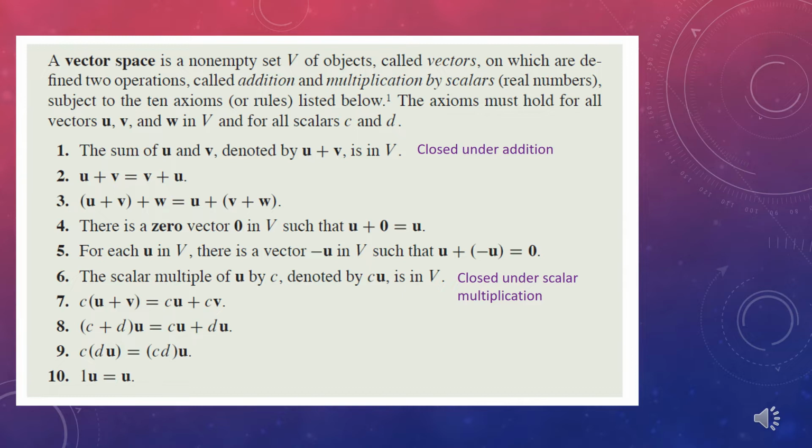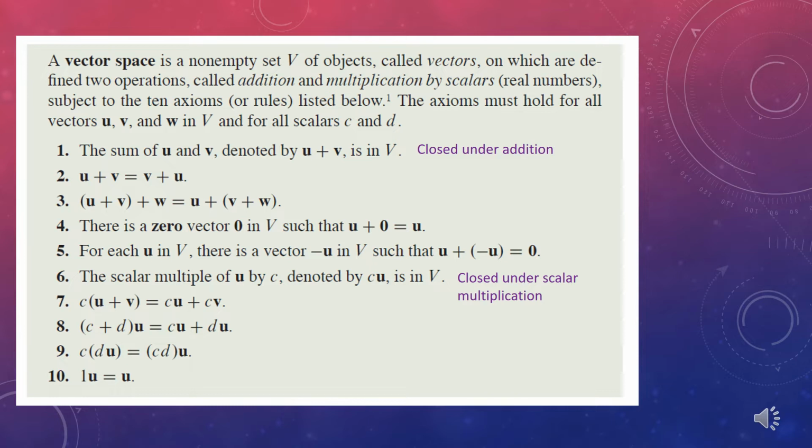And you should be able to associate scalars. So you should be able to multiply by D and then multiply by C, or multiply C and D together and then multiply any object U by that and get the same result.